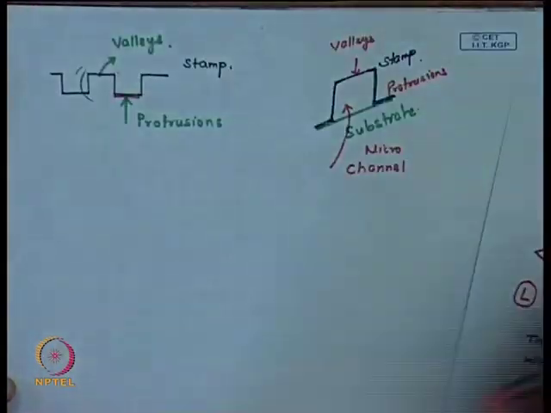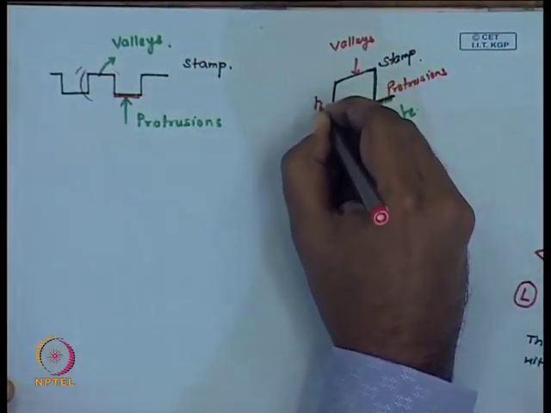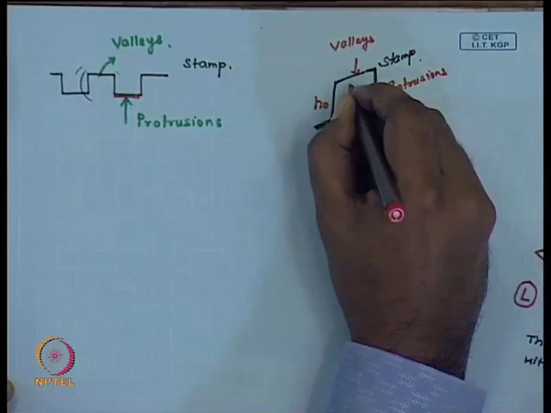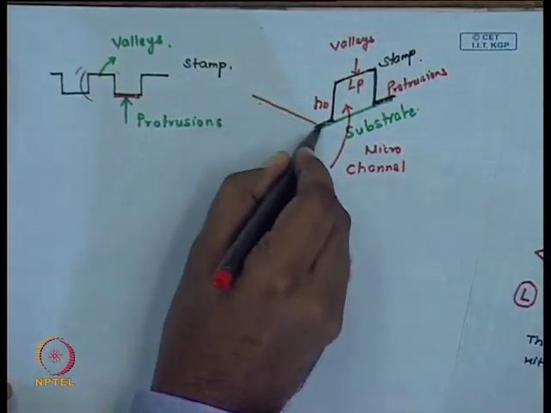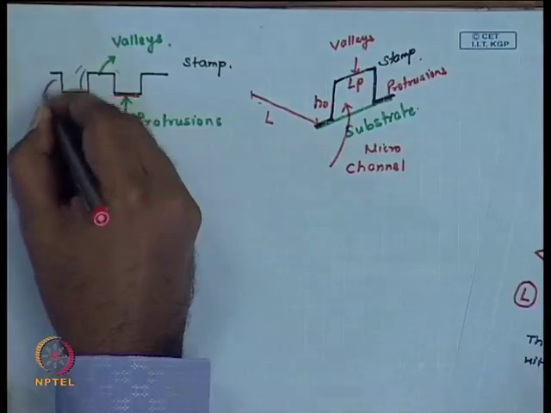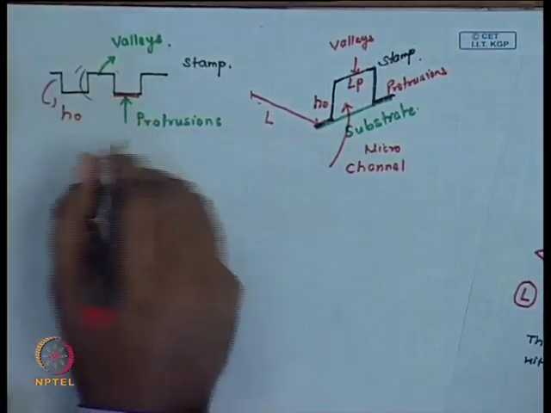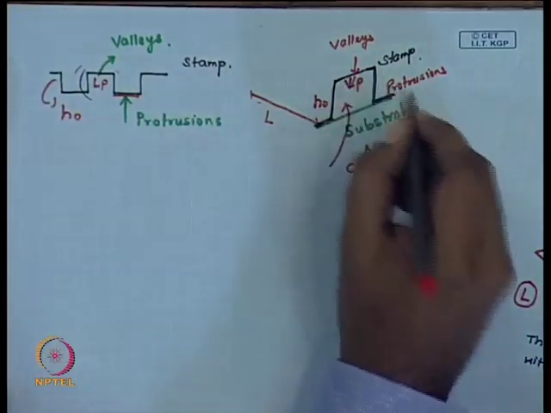So, if you look at the channel dimension, this is let us say H0, this is let us say LP, and on this side let us say it is L. So, while H0 corresponds to the feature height on the stamp, LP is the valley width or let us say VP.